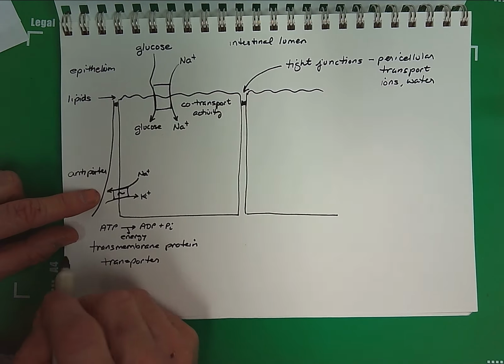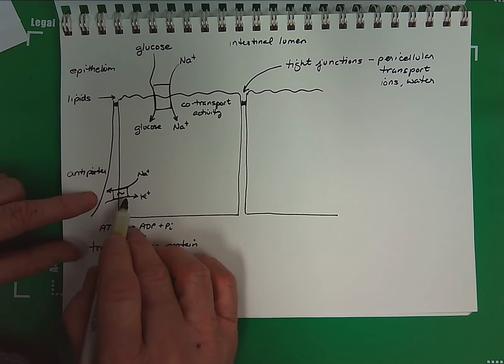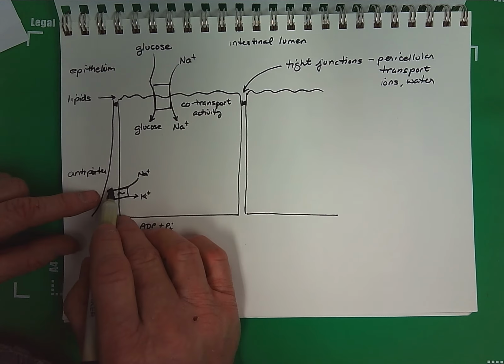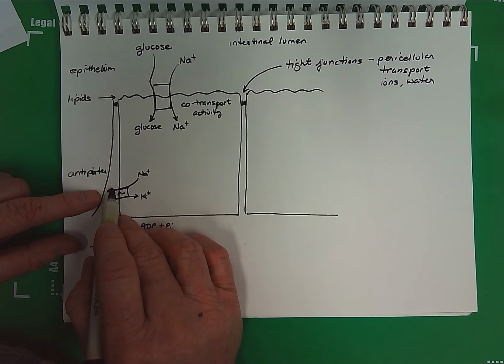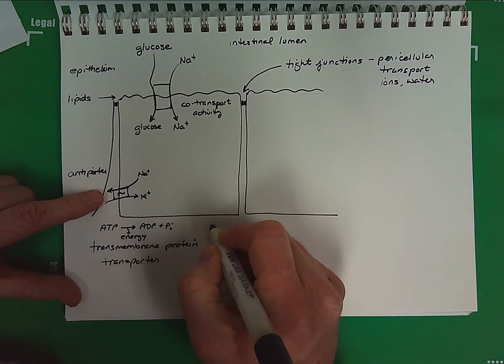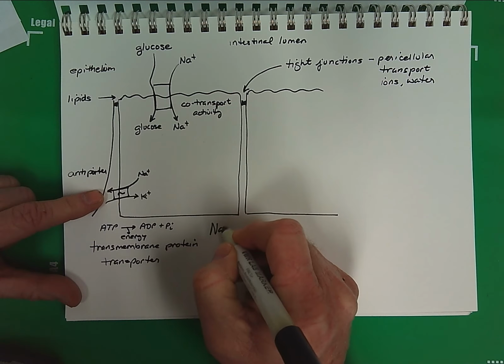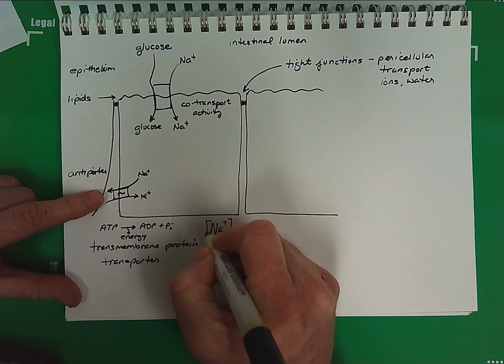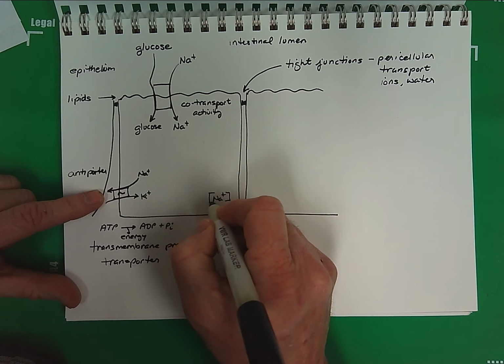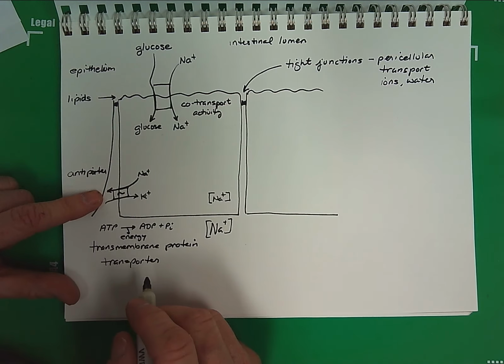What this essentially does is use the energy of ATP hydrolysis to pump sodium out of the cell. This will establish a gradient of sodium, so that the gradient is high sodium on the outside of the cell and low sodium on the inside of the cell.